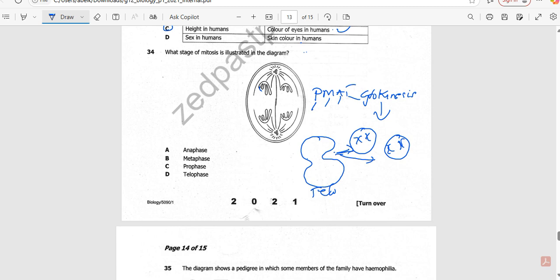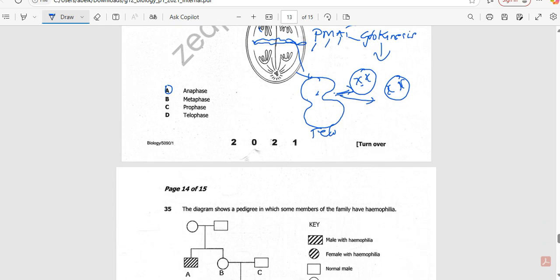So before this part, we move from here, then we come here. So this is the anaphase. The metaphase, these are aligned here on the equator. Then the prophase, that's where they start from. So the answer here is that.